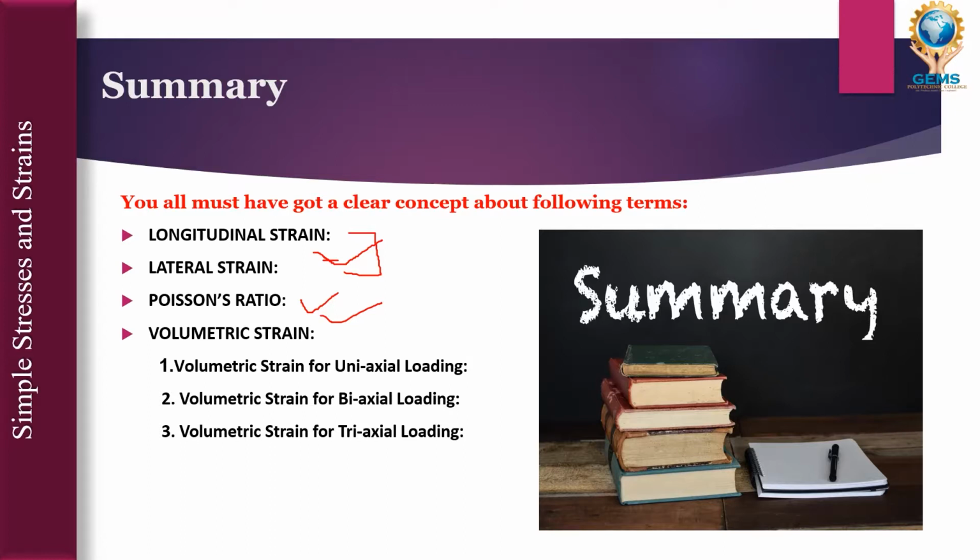And the third one is volumetric strain for triaxial loading. That means the strain acts in the x plane, y plane and z plane also. Understand? So these are the things which we have studied throughout this lecture. I hope you have got a clear concept about these terms.